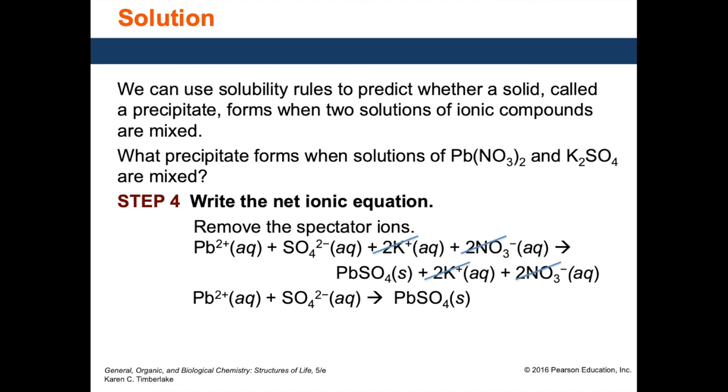Spectator ions are ions that are repeated exactly the same way on both sides of the equation, which tells us that they aren't really doing anything, right? Our potassium ions that are aqueous are still potassium ions that are aqueous on the right-hand side of the equation. Our nitrate ions, which are aqueous on the left-hand side of the equation, are still aqueous nitrate ions on the right-hand side of the equation, okay? So they cancel each other out.